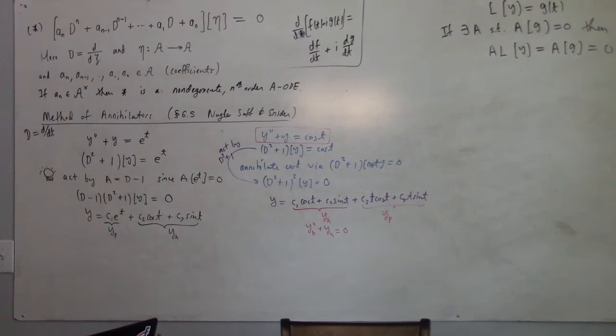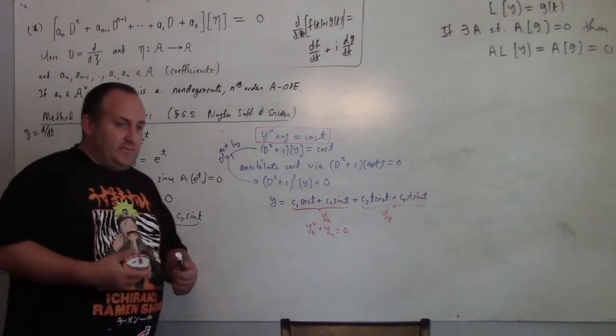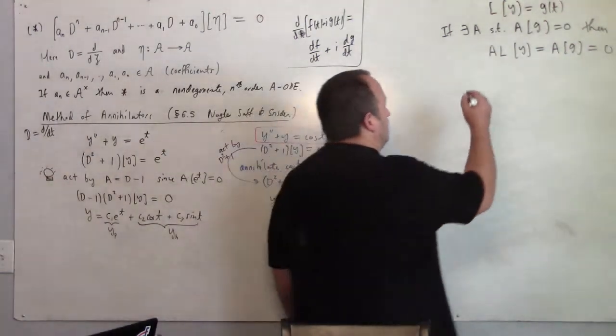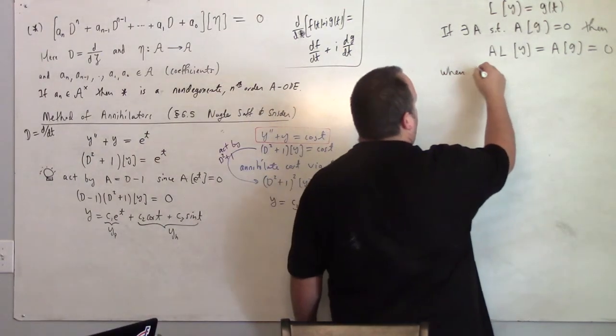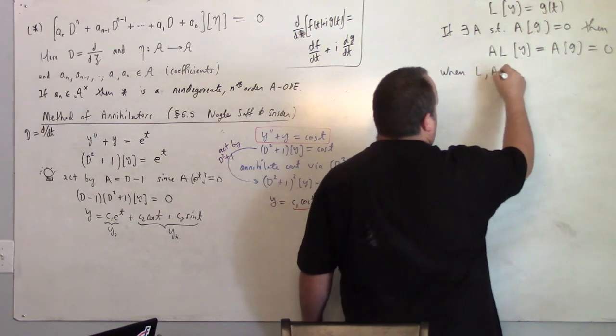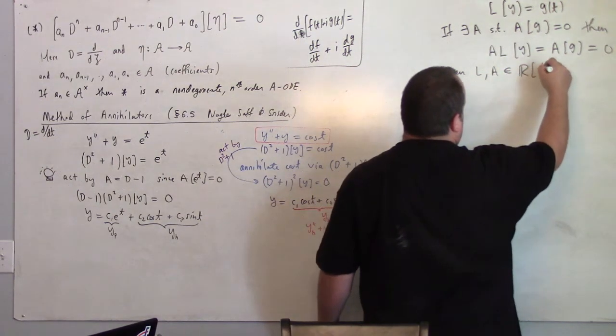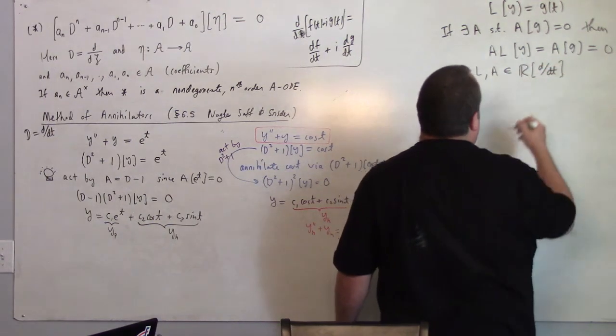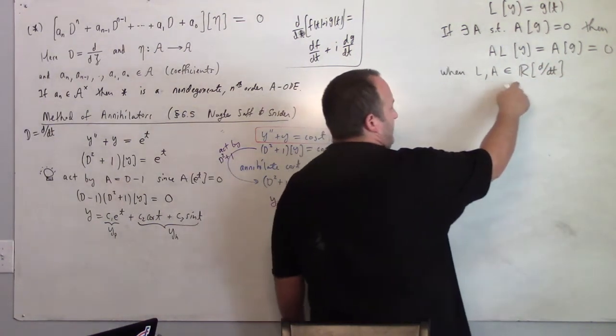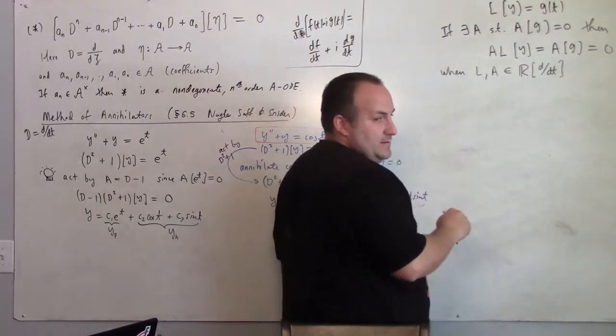However, it's only especially useful when both L and A allow the theory of factorization that we've talked about. So when L is a polynomial in the differential operator, when both L and A are elements in the polynomials generated by d/dt, which is a fancy way of saying L and A are both polynomial in the differentiation operator.